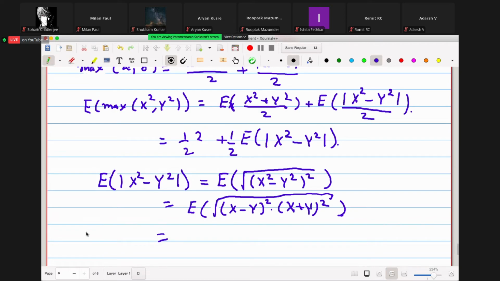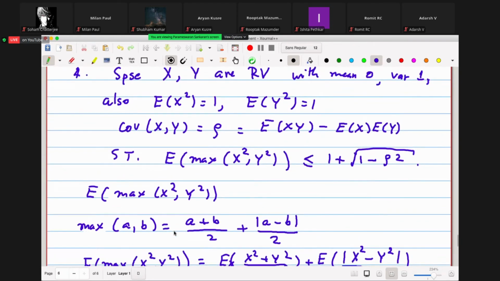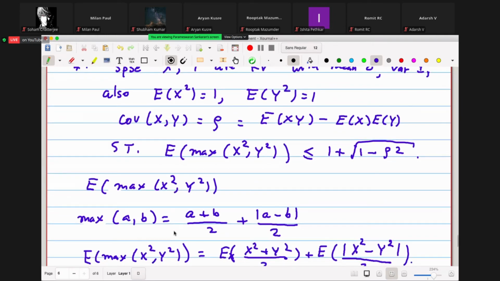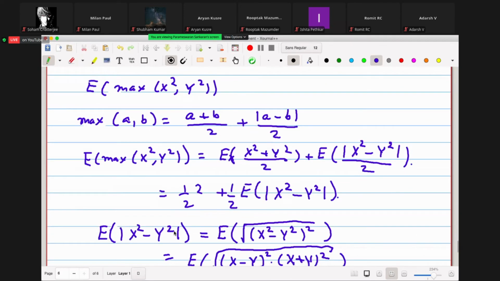So we need to use this inequality, expectation of xy. Let me write that. Which way does it go? The thing is here, the rho, E of xy, this is bigger than or equal to.